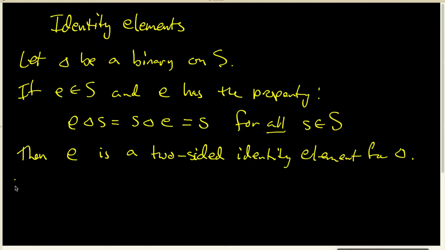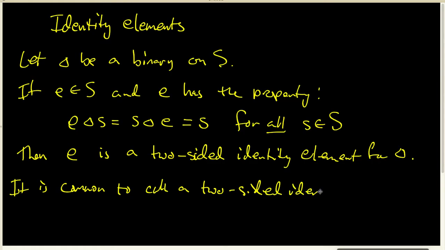So it is common to call a two-sided identity just an identity element. And so I first of all want to look at some examples of two-sided identity elements.